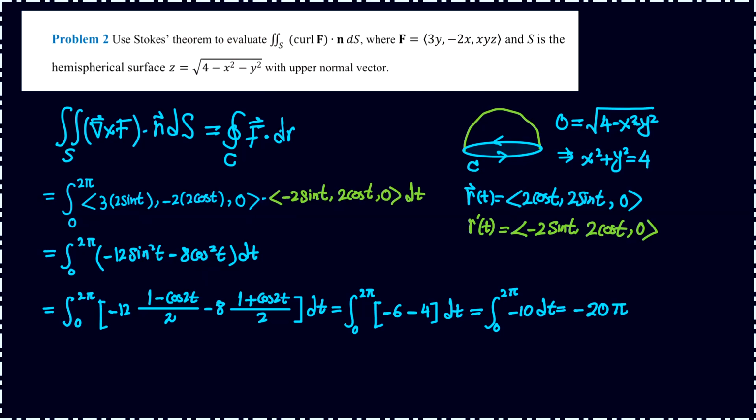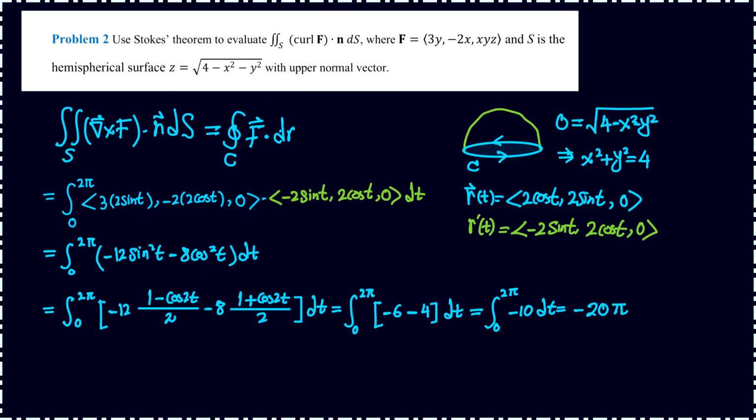So that's it. You can attempt to do this problem directly. Well, we have a hemisphere. Finding the partial derivatives, negative g sub x and g sub y, are going to create complicated expressions, right?